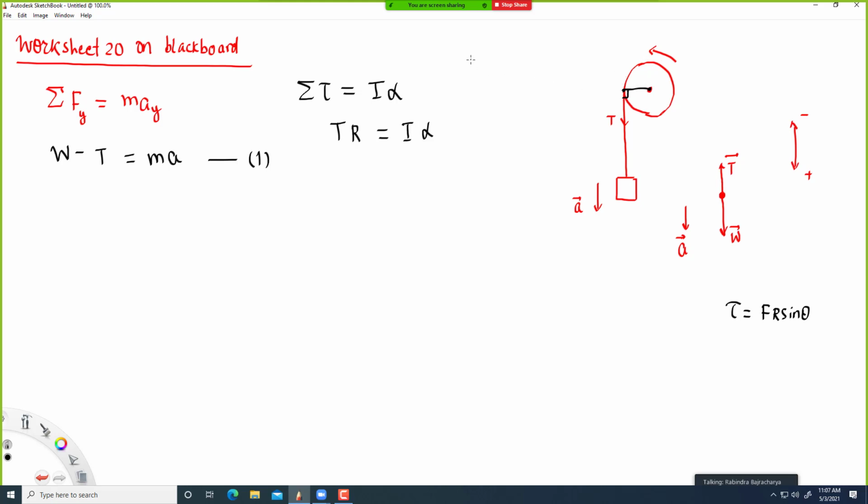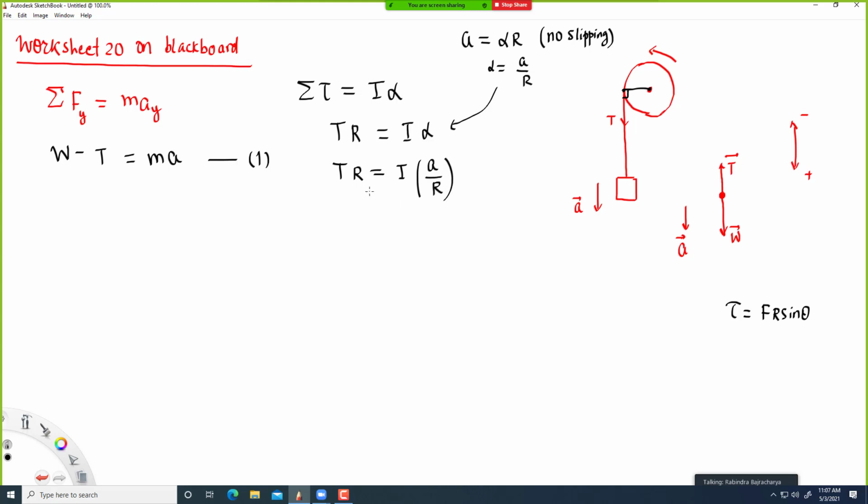For no slipping, the condition is a is equal to alpha times R. That's the condition for no slipping. So that means we can write T R is equal to I alpha, and we replace that alpha by a over R, so a over R.